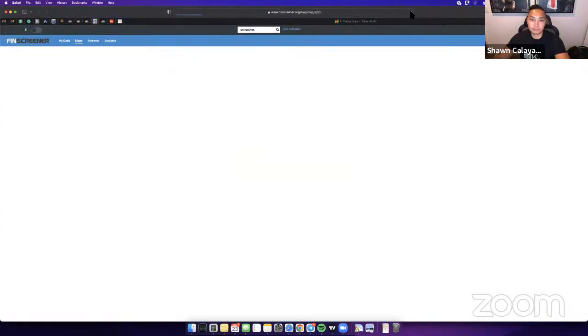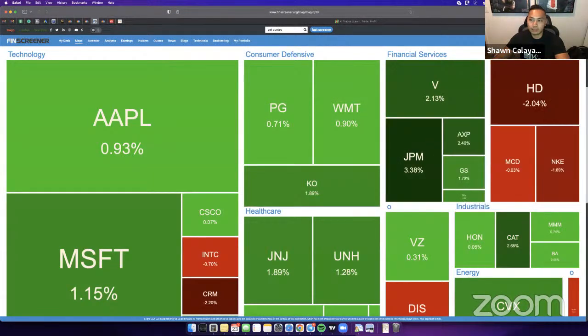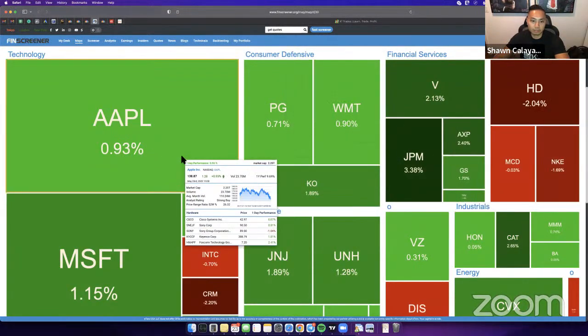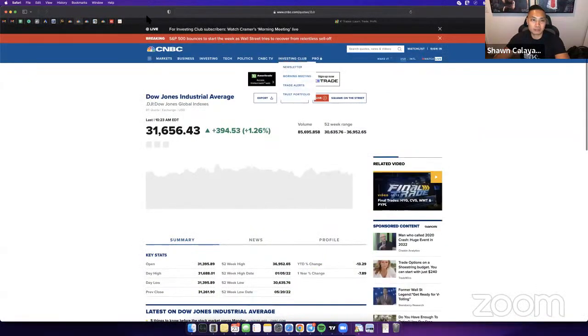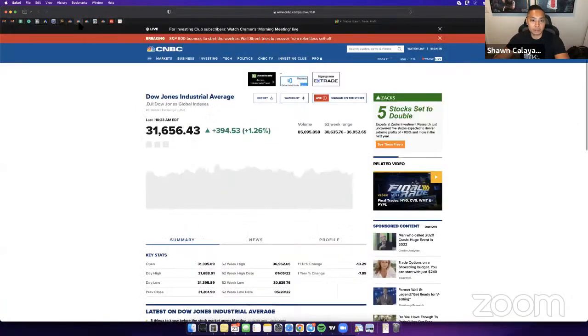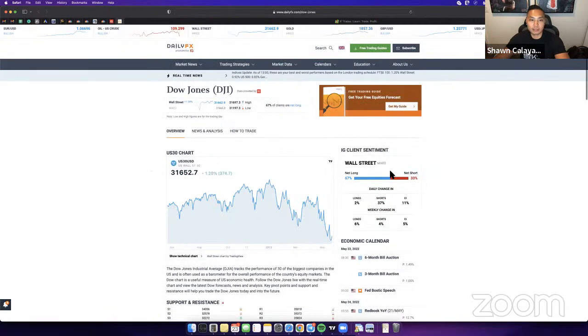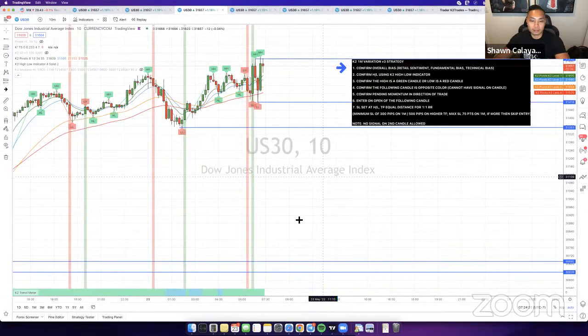Looking over here at the heat map, it's mixed now. It's still pretty green, but there's actually red stocks here now. So there's still a conflict between retail sentiment and fundamentals, because this is indicating a sell. This is indicating a buy, and the technicals here are indicating a buy as well.